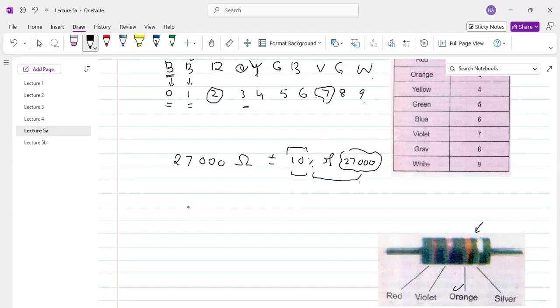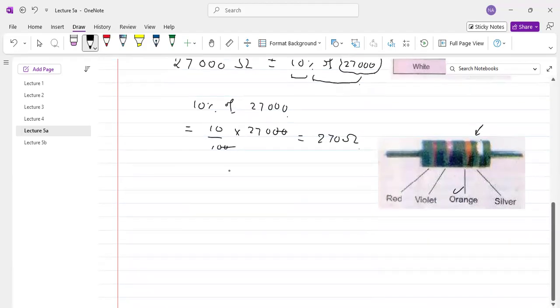Now we want to calculate 10% of 27,000. This means 10 over 100 times 27,000, which is equal to 2,700 ohm.